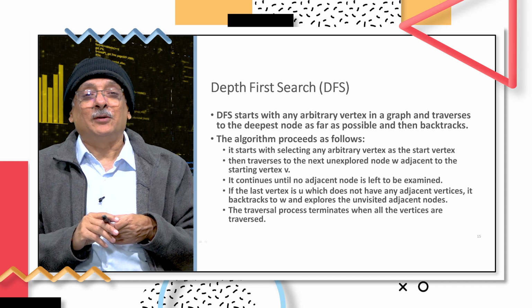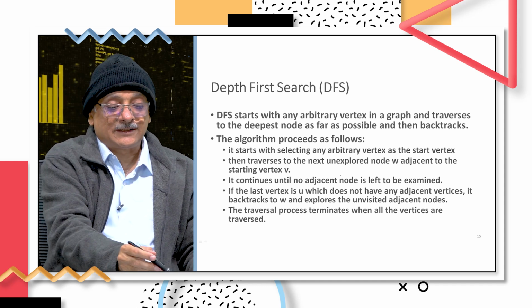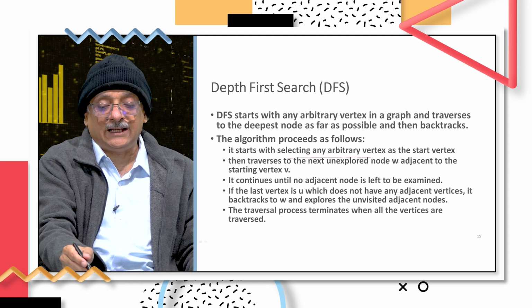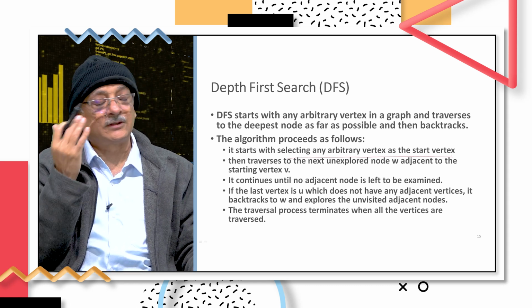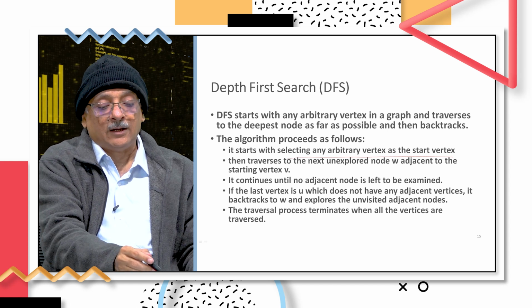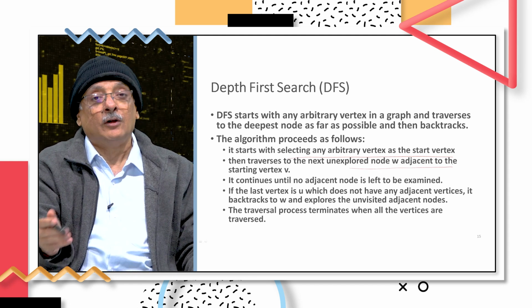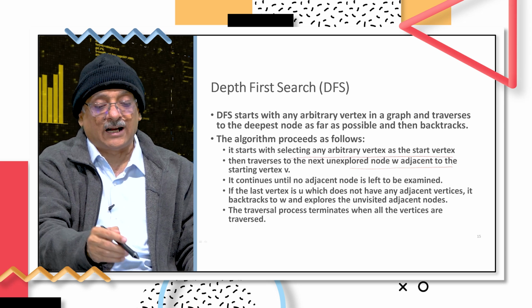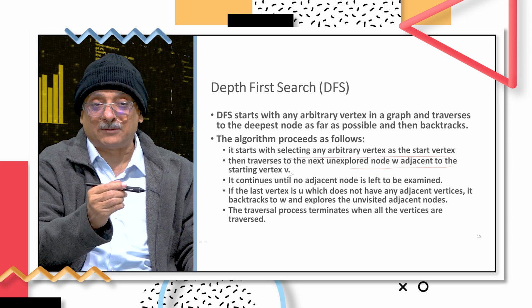The algorithm proceeds as follows. It starts by selecting any arbitrary vertex as the start vertex, then traverses to the next unexplored vertex W, which is adjacent to the starting vertex V. Adjacent means there is an edge to that particular vertex.